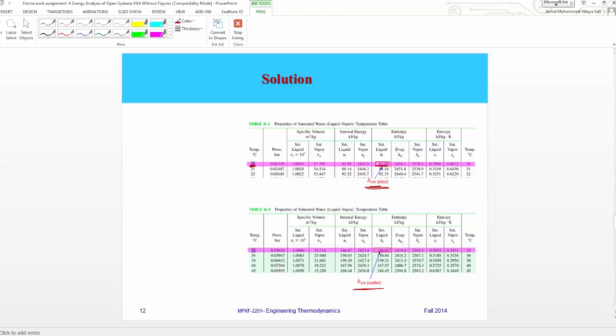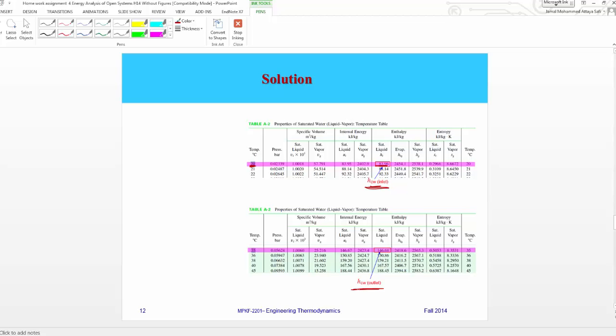And when the water takes the heat, of course, it increases its temperature to 35. So this is the h at the outlet of the cooling water. So now I have all the enthalpies.